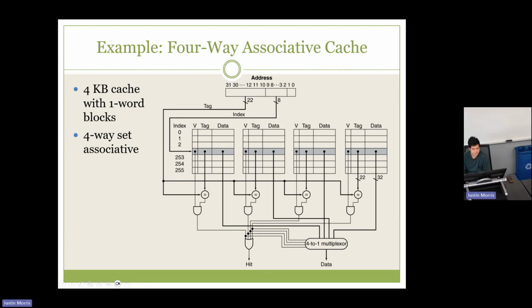Then how do we figure out our index? We figure out the index because we have this 4 kilobyte cache, right? You divide by 4 bytes to find out how many blocks there are. Not 4 bytes, but just 4.